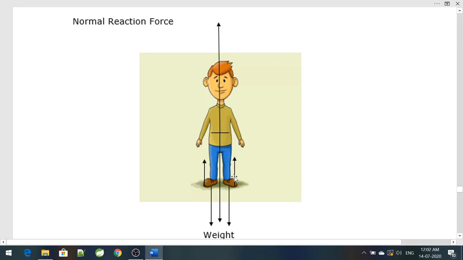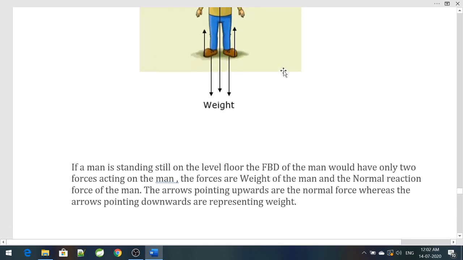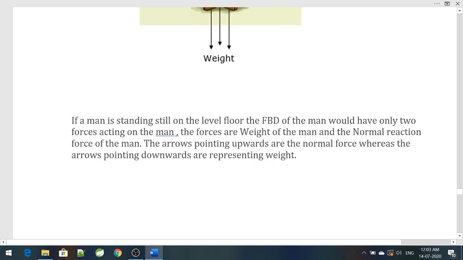If a man is standing still on a level floor, the free body diagram of the man would have only two forces acting on him: the weight of the man and the normal reaction force.